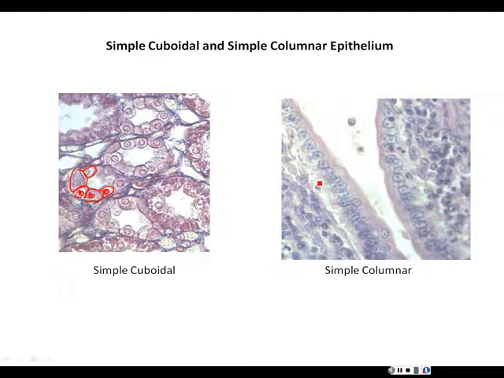Here are a few columnar cells. The nucleus a little closer to the basal surface. These two types of epithelium are good at secreting substances, like the simple cuboidal, which you find in glands, and they're good at absorbing substances, like the simple columnar in your digestive tract.